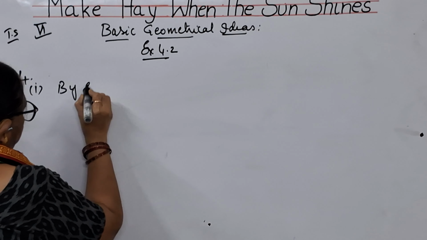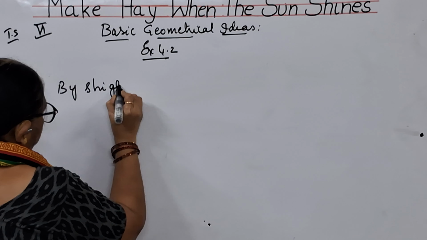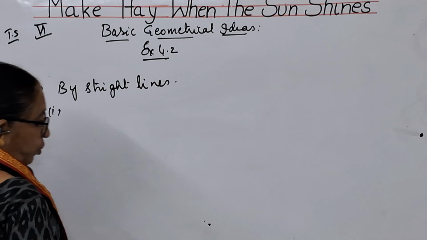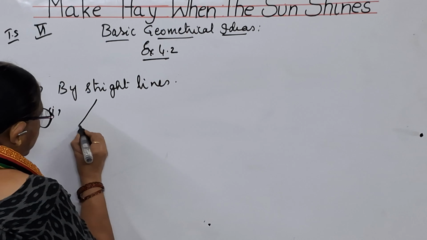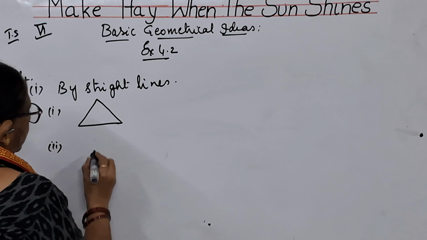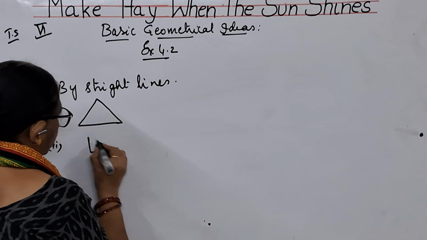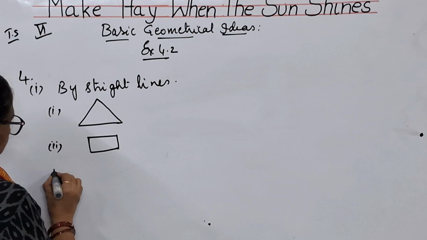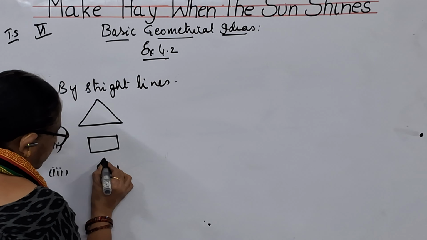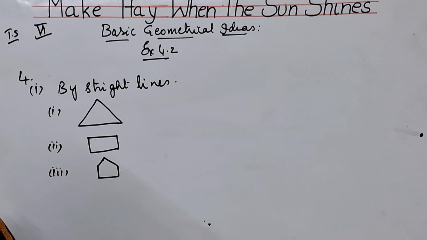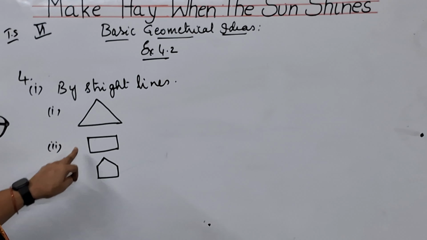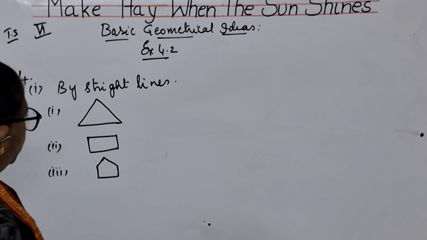First by straight lines. Three closed figures. First one, I can draw a triangle, and second one, I can draw a quadrilateral, and third one, I can draw a pentagon. So these are all simple closed figures. These are all closed figures formed by straight lines.